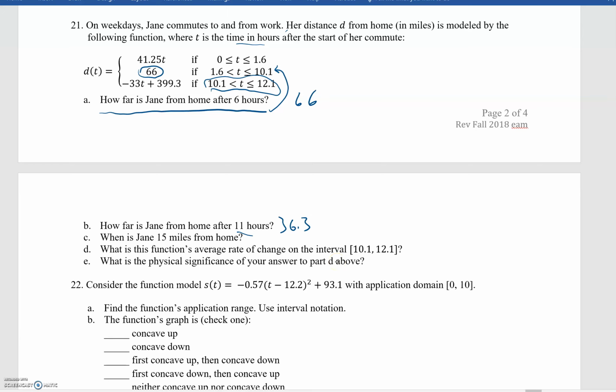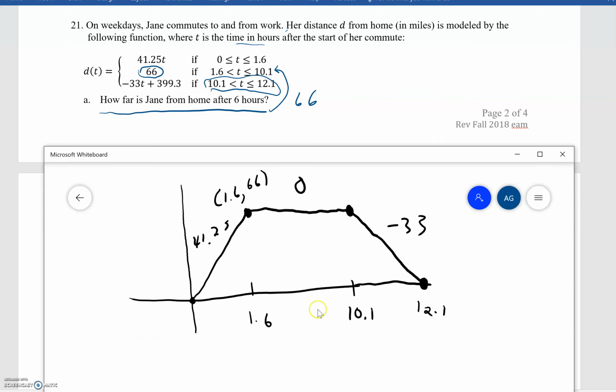Okay, moving on. When is Jane 15 miles from home? Now, this is a type 2 question because that's a distance. And so I'm going to go to my graph just to illustrate this. Let's say that's 15, I'm going to have two answers: an answer when I leave and an answer when I come back.